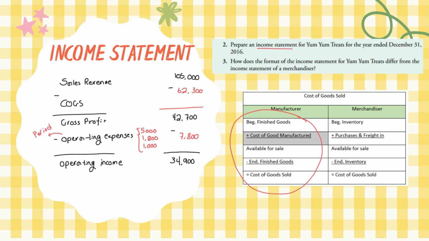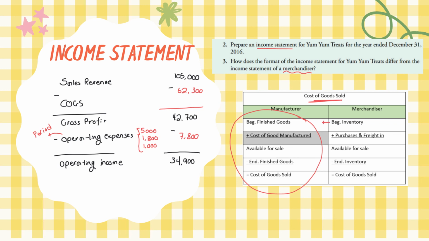We already did. Now requirement number 3, how does the format of the income statement for Yum Yum Treats differ from the income statement of a merchandiser? So here we were a manufacturer. So if you were a merchandiser, the only difference will be in computing cost of goods sold. Okay, so beginning finished goods, it's the same as beginning inventory.